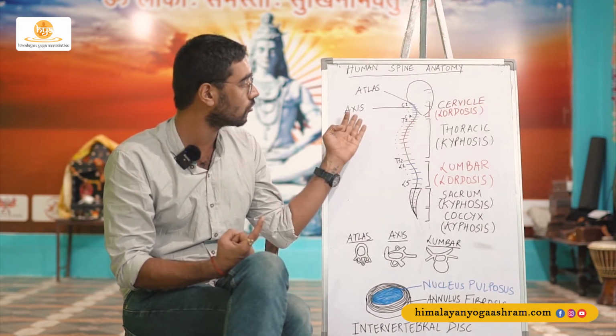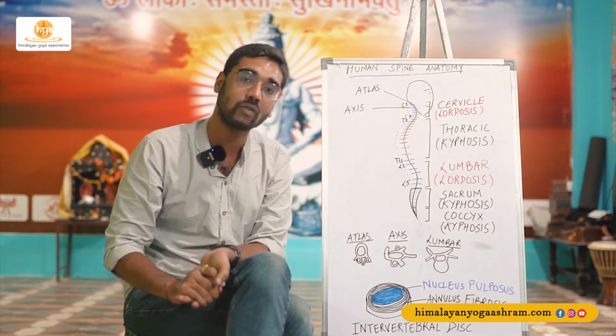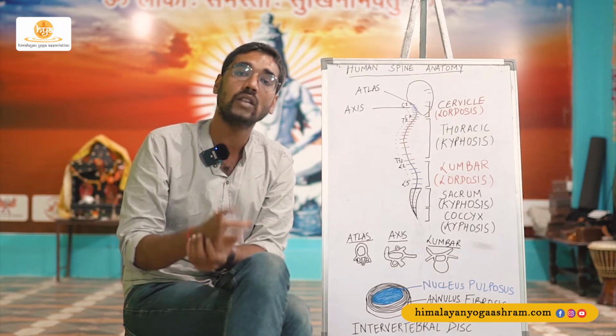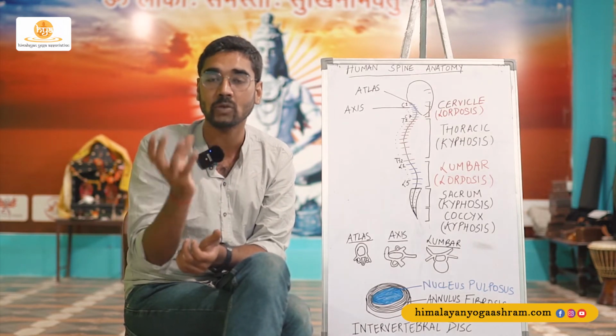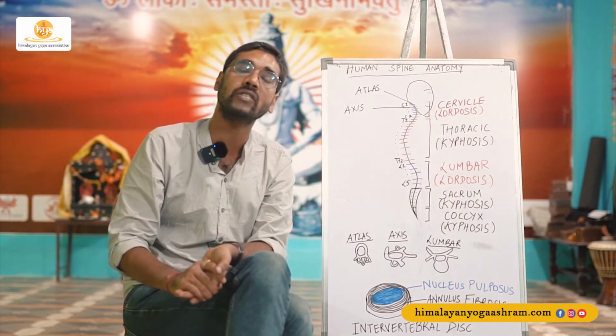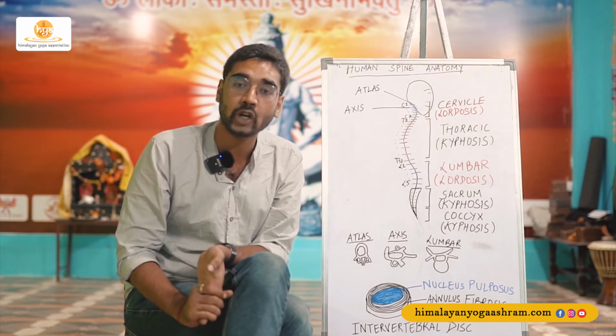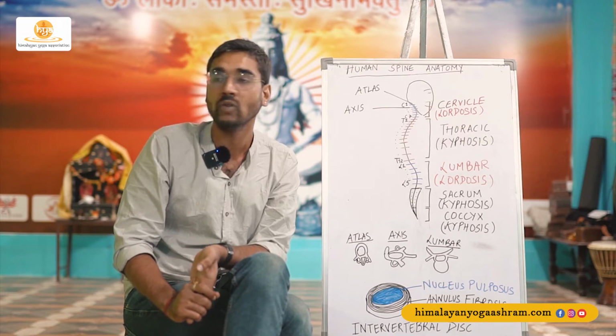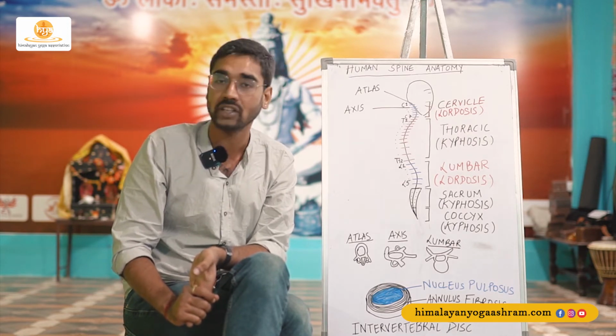So, with the help of the axis bone, with the help of C2, the head is able to perform all of these rotations that the neck is capable of. In other words, the axis bone has a pivot synovial joint, through which the head is able to move in left and right rotations.